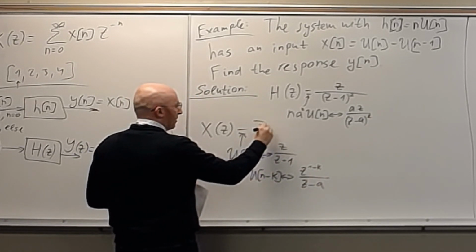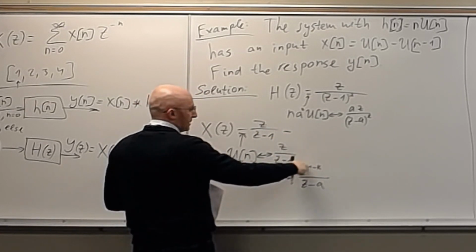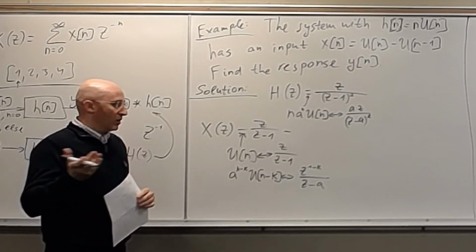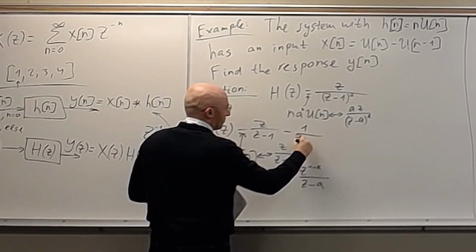So it will be z divided by z minus 1, minus z to the power of 0, which is what? 1, divided by z minus 1.